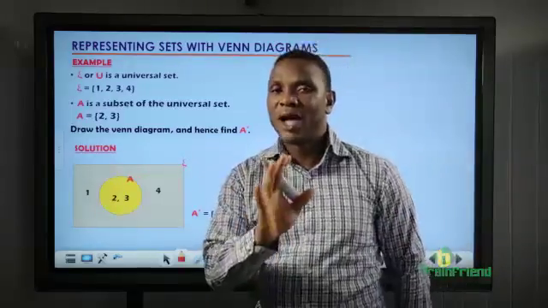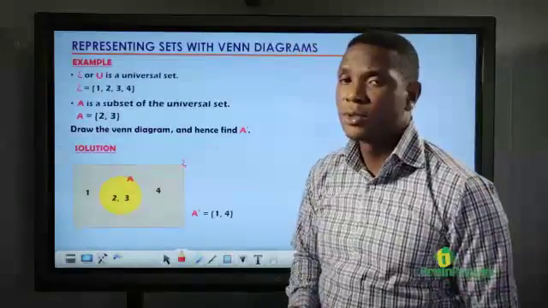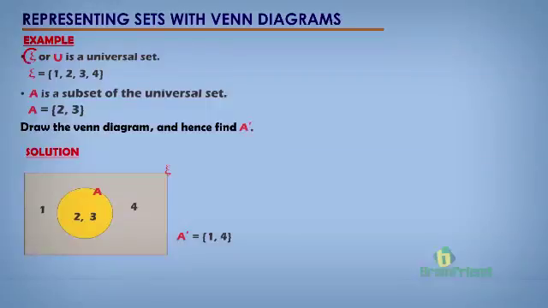Now let's take a look at some practical examples. If we have a universal set with elements 1, 2, 3, and 4, and we have A, which is a member element of our universal set. A is the set that has elements 2 and 3.